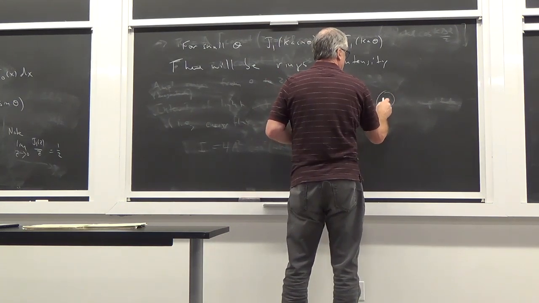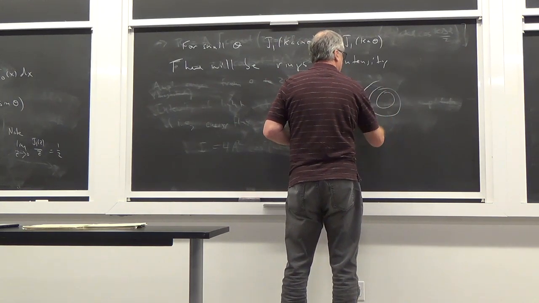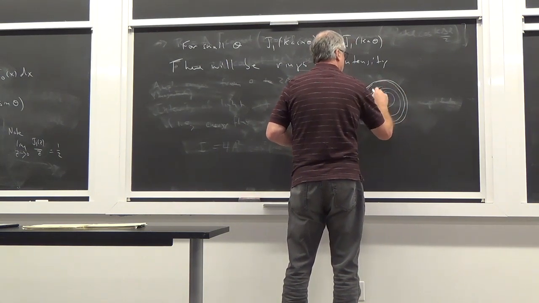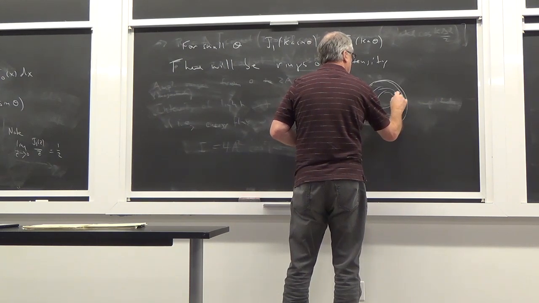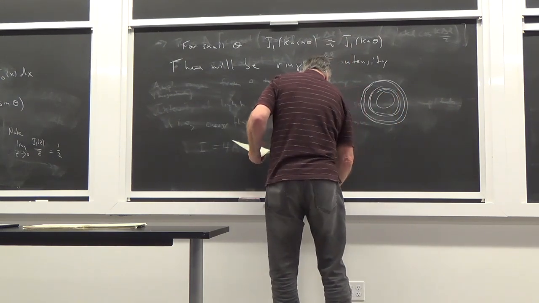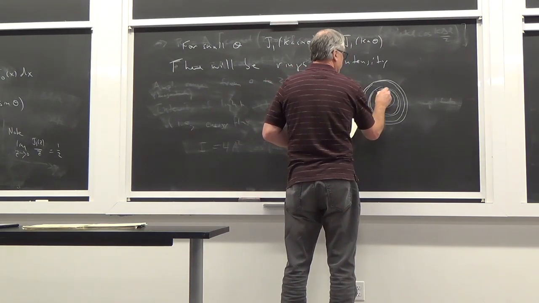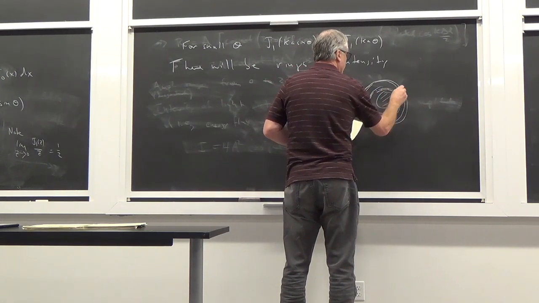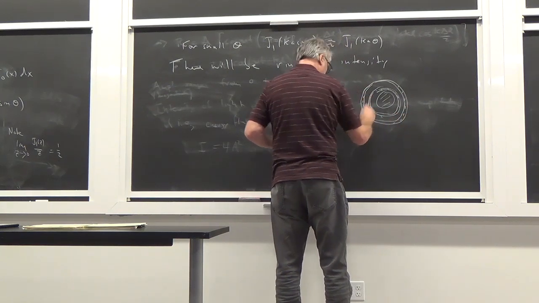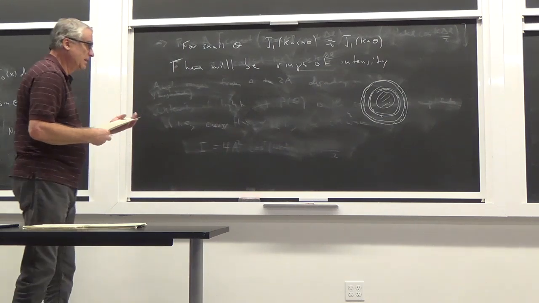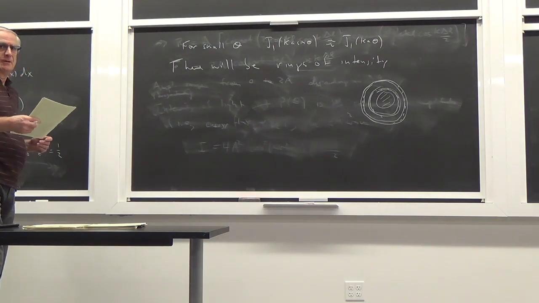We'll have rings of brightness. So bright here, bright here, bright here. Just like what we saw with, say, the Michelson interferometer.